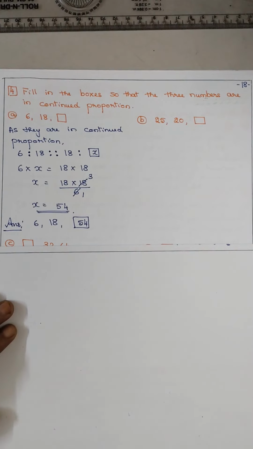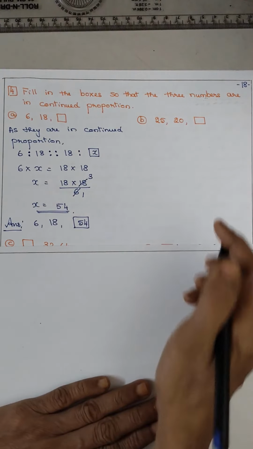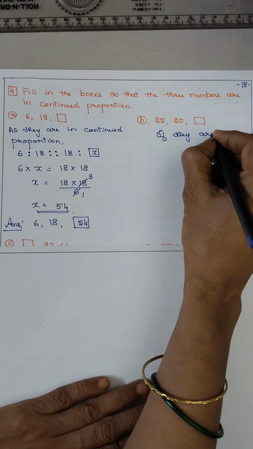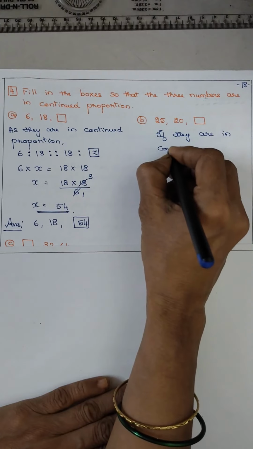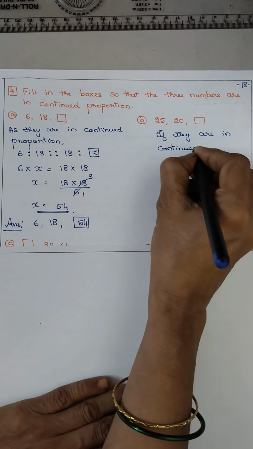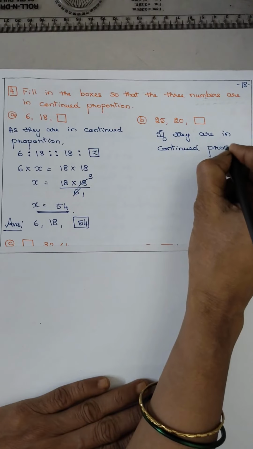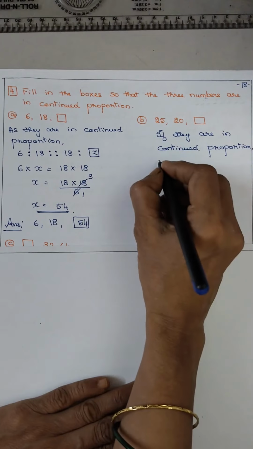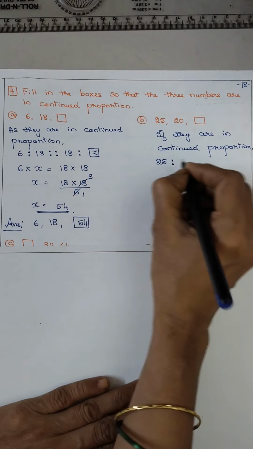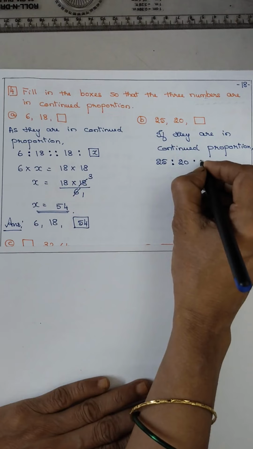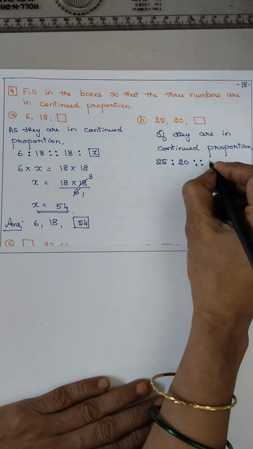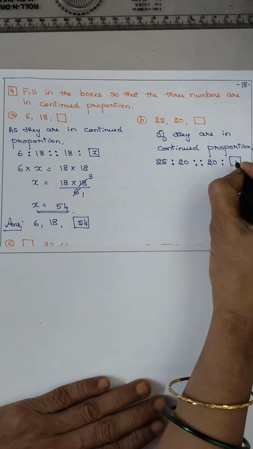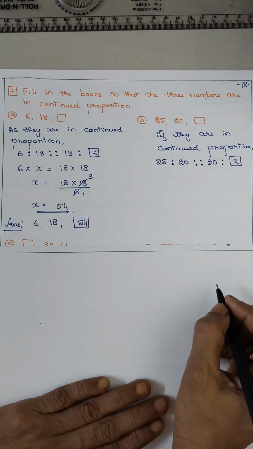Second sum, if they are in continued proportion, 25 is to 20 is in proportion, second number repeat, 20 is to box, box is x.